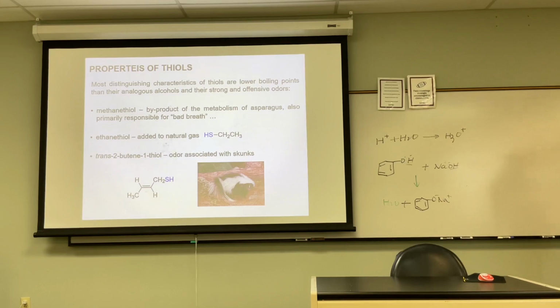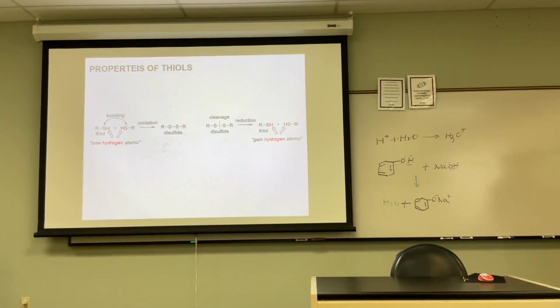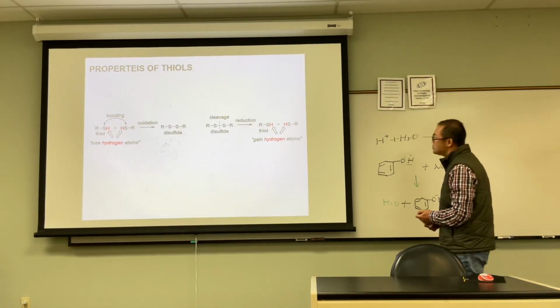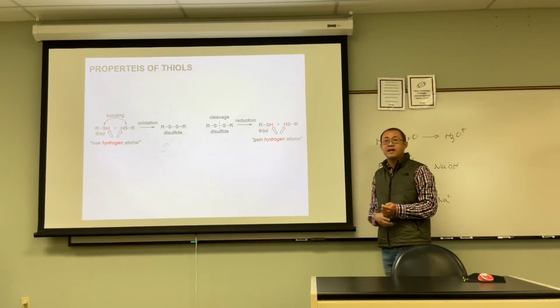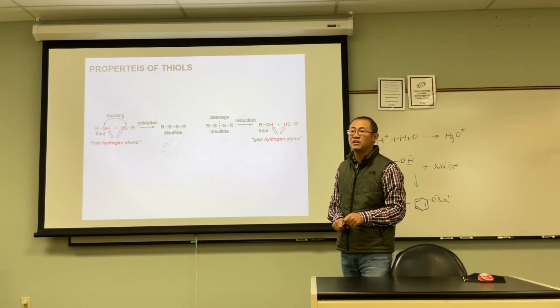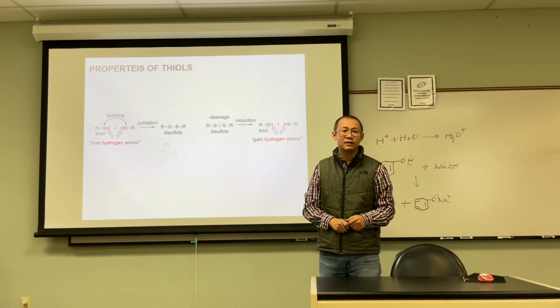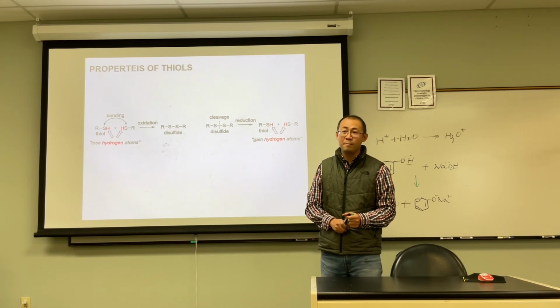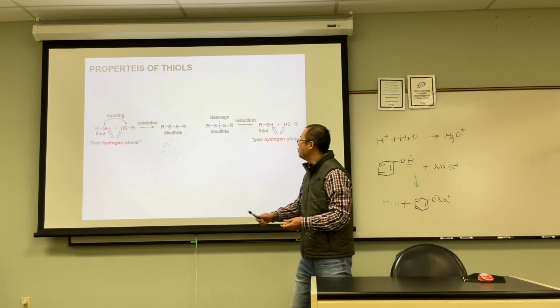And this reaction, again, we don't talk about in this chapter. We will see this reaction again in chapter 9 when we study proteins, because one of our amino acids does have a thiol group.